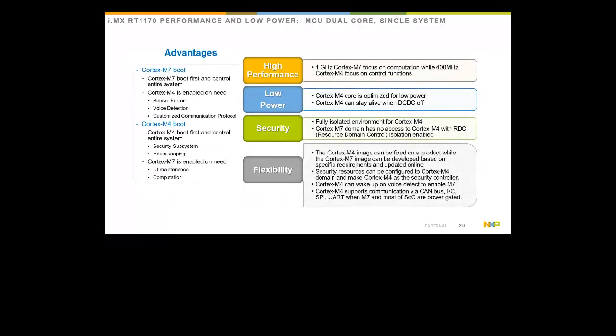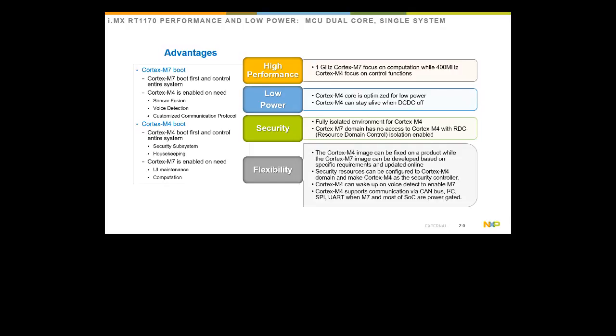Basically in the fact that it contains a Cortex M7 running up to 1 gigahertz, so it's very high performance. It's by and large the highest performing Cortex M7 on the market today. But it additionally includes a 400 megahertz Cortex M4, which is more power optimized and can additionally focus on some of the more control functions.